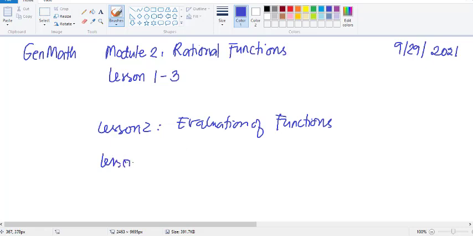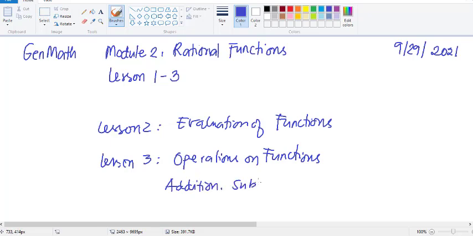And then we have lesson 3, which is the operations on functions. The operations that we discussed are addition, subtraction, multiplication, division, and composition of functions.